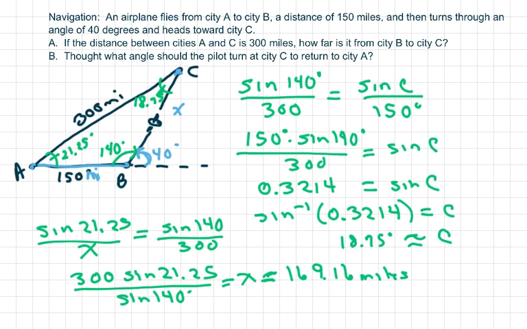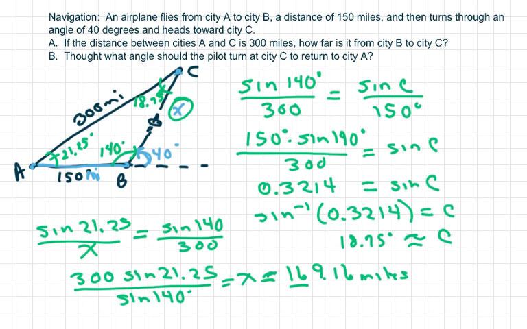All right, so that's what your X is. So the distance from B to C is 169.16.